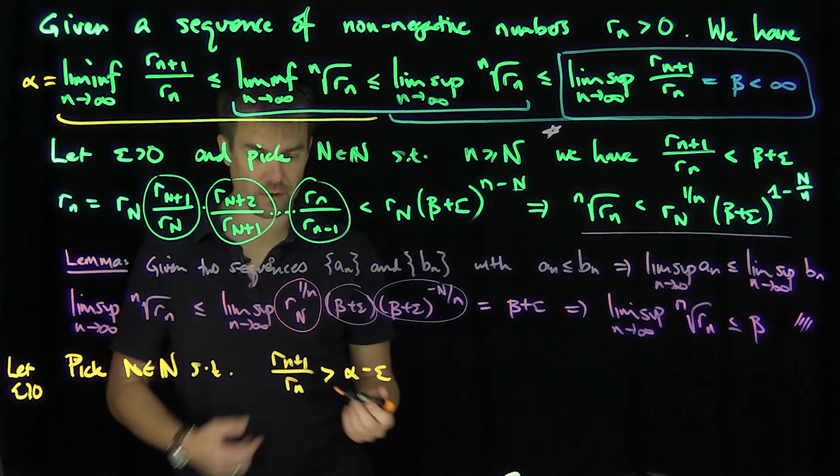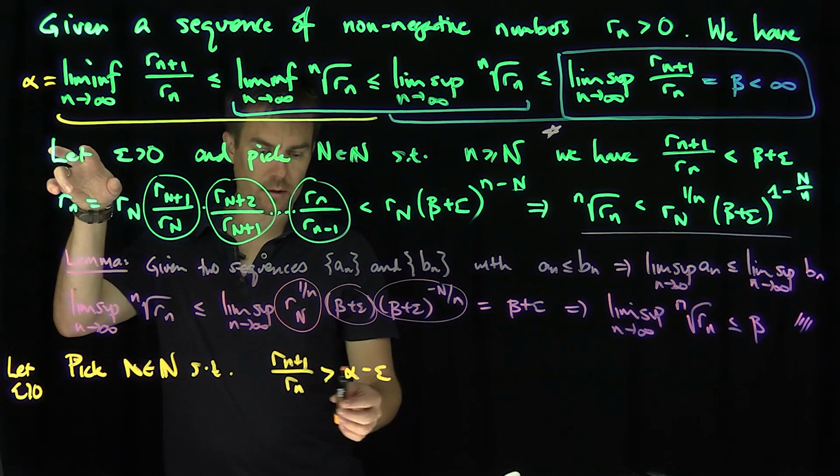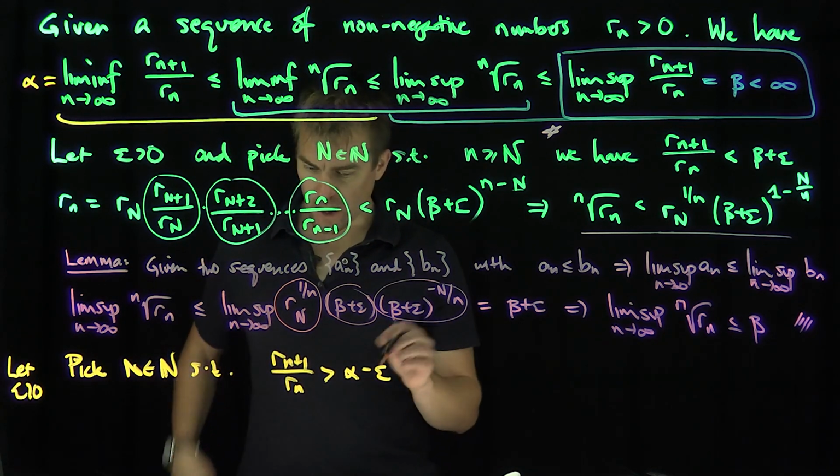Again, that follows from the definition of the liminf. Eventually, you have to be a little bit bigger than the smallest that you can possibly be, right? Okay? All right, and so now what can we say?